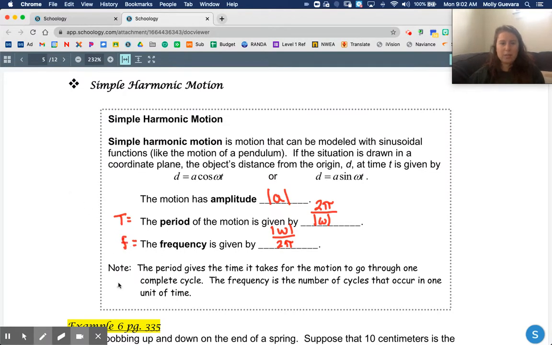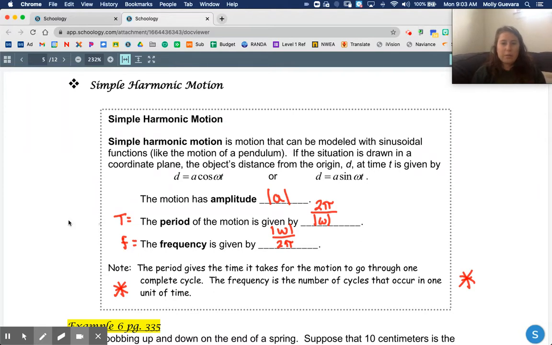Okay, so this is the keynote right here: the period is the amount of time it takes to go through one complete cycle. Like on a pendulum, to go one way and back, how long is that? That's the period. And the frequency is how many cycles it goes through in 1 second or 1 minute or whatever the unit of time is.